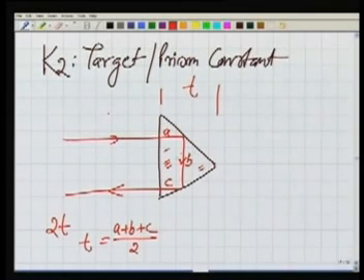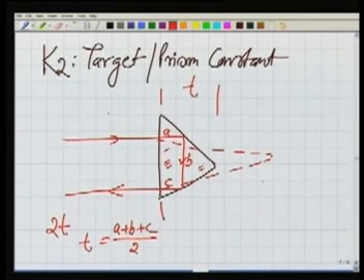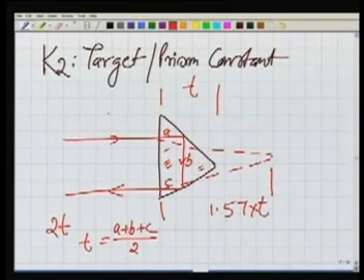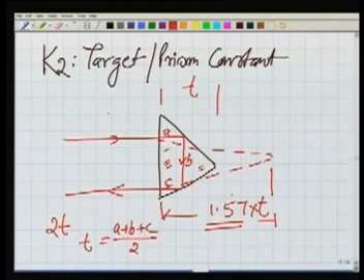If the glass is not there, it is equivalent to the wave having traveled a distance which we can say is 1.57 times t. I am making use of the refractive index of the material here. If this glass had not been there, this EMR would have traveled up to here in the time in which it is traveling within this glass.